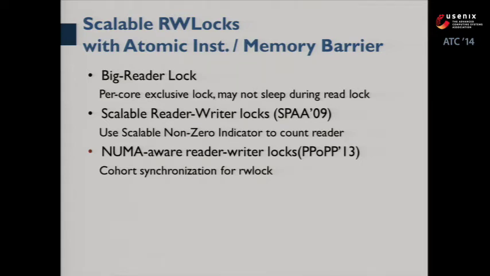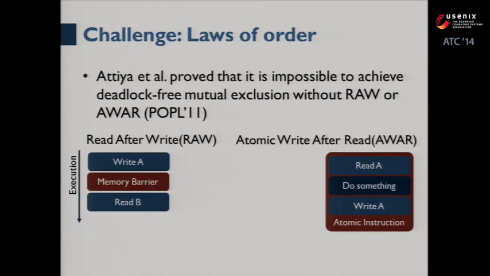But these three locks all contain atomic instructions, or say memory barriers. Why is this the case? Attiya proved in his famous paper that it is impossible to achieve deadlock-free mutual exclusion without these two patterns: read after write and atomic write after read. Basically, to achieve correct mutual exclusion, you should do two things.